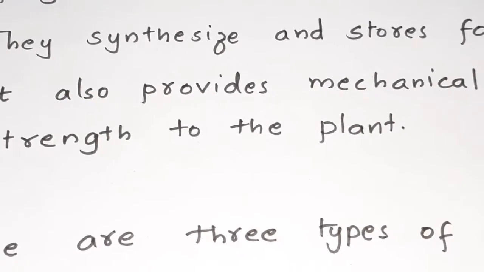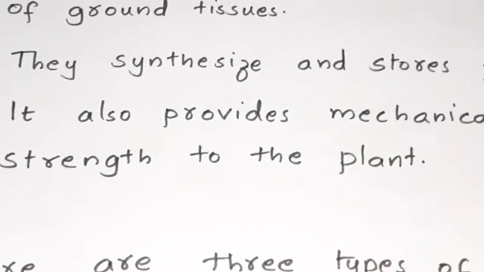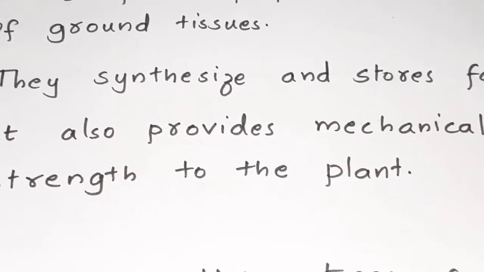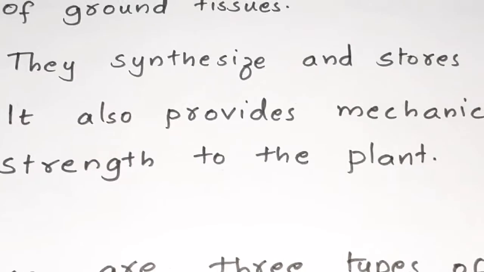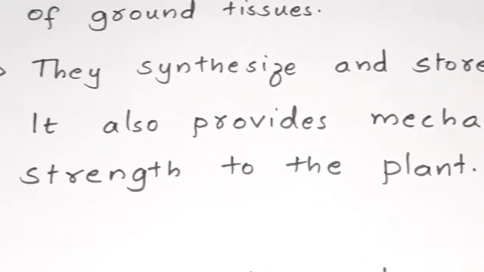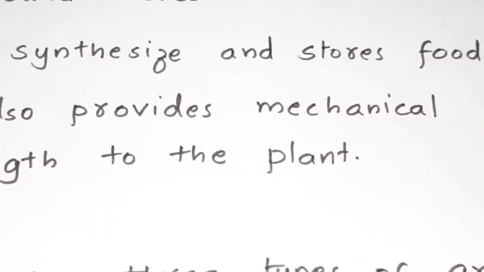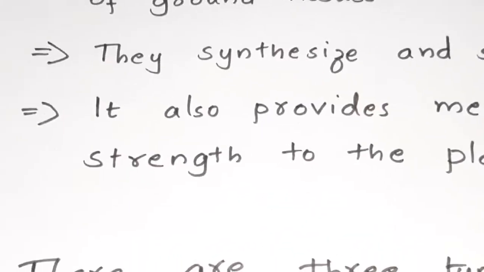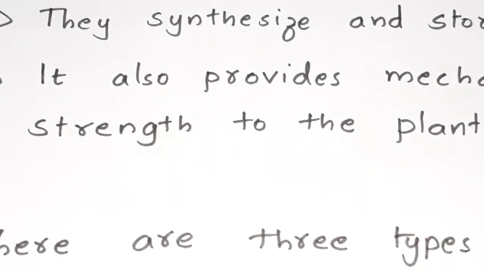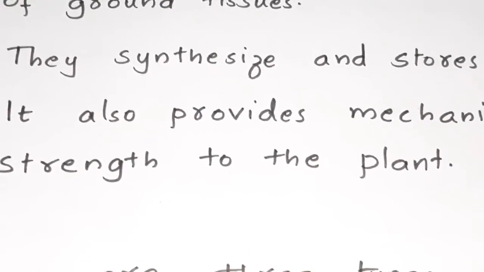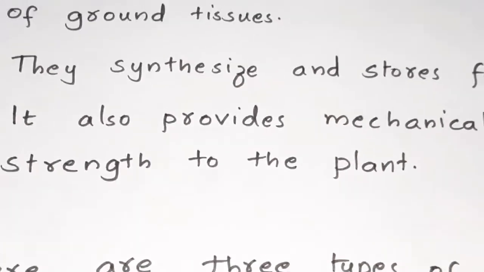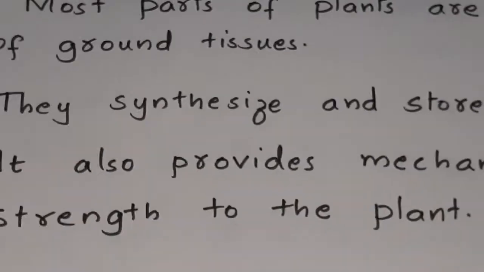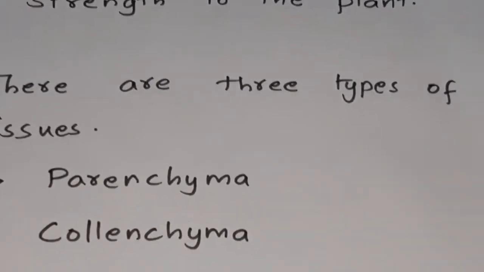You might have seen plants waving in the wind, but they will bend and not break because of the presence of this ground tissue. The ground tissues help the plant come back to its normal position. You might have seen bamboos and all, they will bend, but then again come back to the previous position.